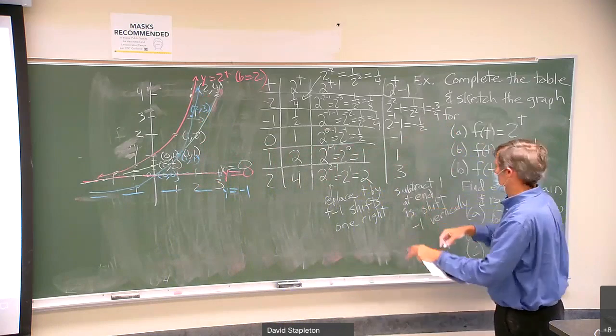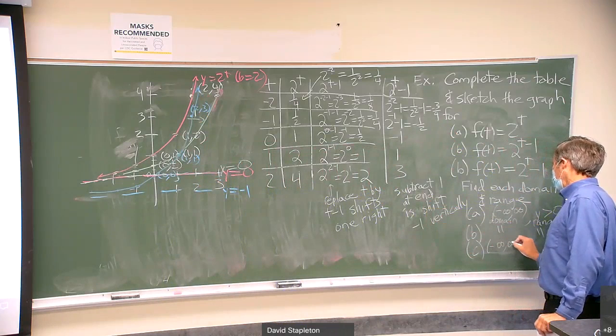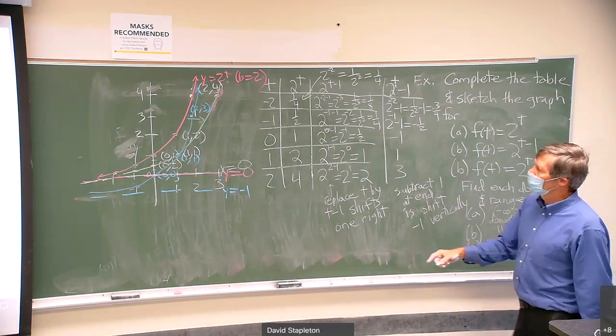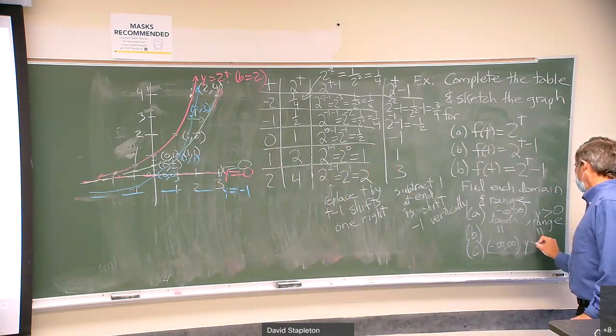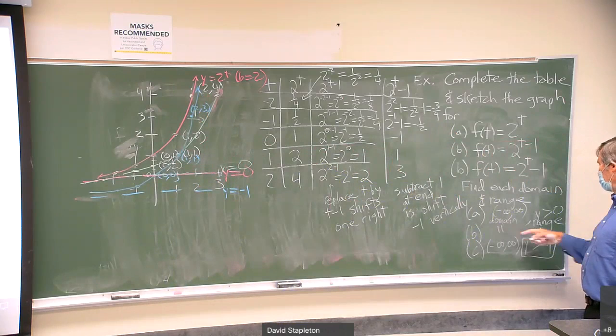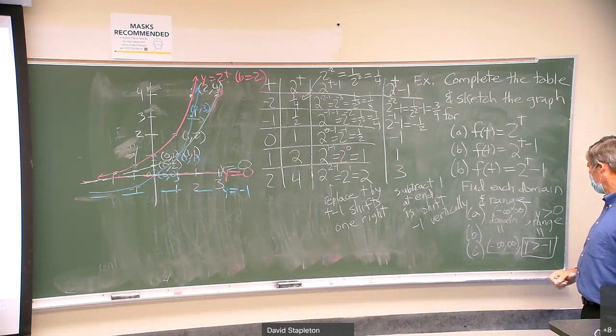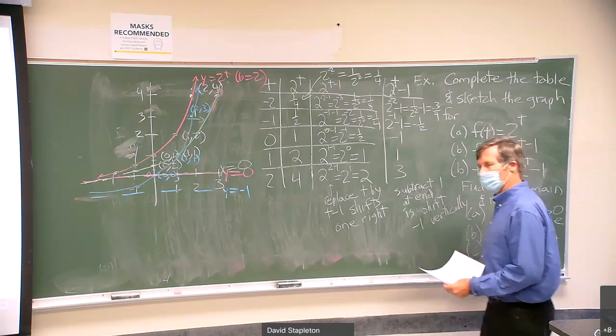We shifted it down, so it still goes left and right forever. Its domain is minus infinity to infinity, but its range is y greater than -1. So the asymptote tells you how to figure out the range.